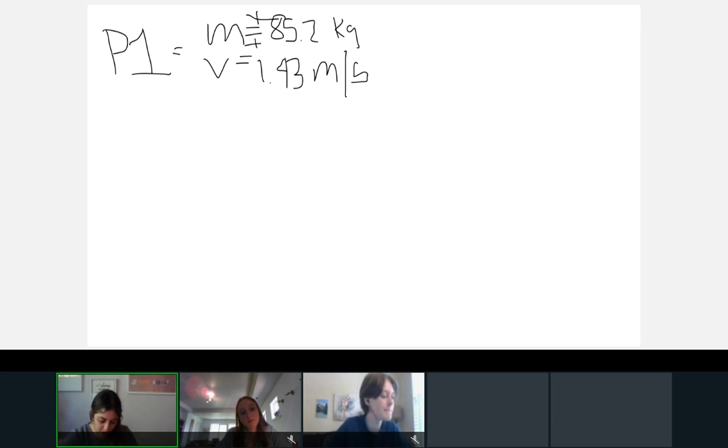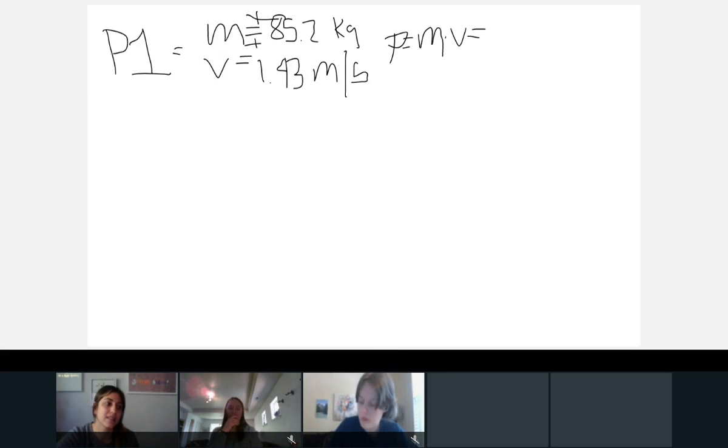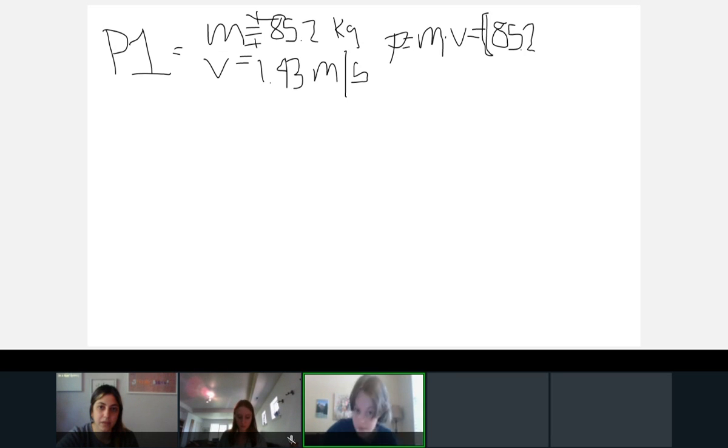So now we want to solve for the momentum of player one. If we know that momentum is equal to mass times velocity, what would our equation be? The equation is going to be P equals mass, which is 85.2, over velocity, which is 1.43.